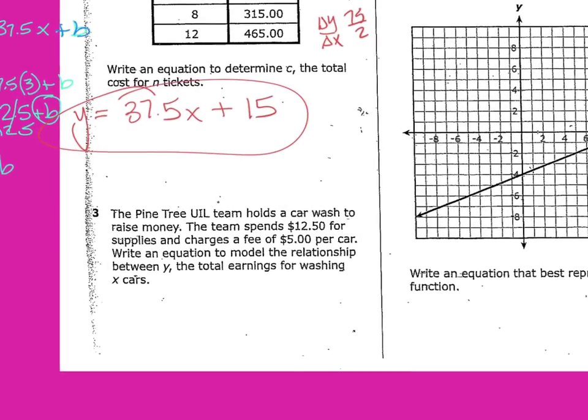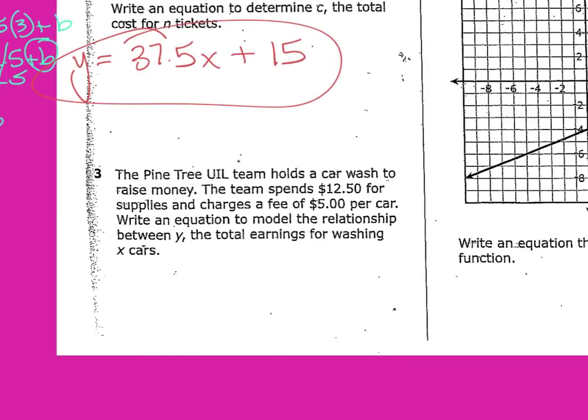Number 3, the Pine Tree UIL team holds a car wash to raise money. The team spends $12.50 for supplies and charges a fee of $5 per car. Write an equation to model the relationship between y, the total earnings, and for washing X number of cars. So in this case, usually when you see fee, that goes with your extra number. In this case, they kind of flipped it around.